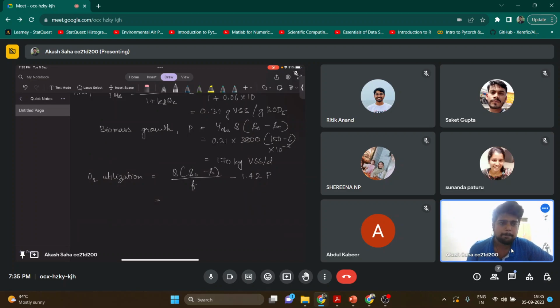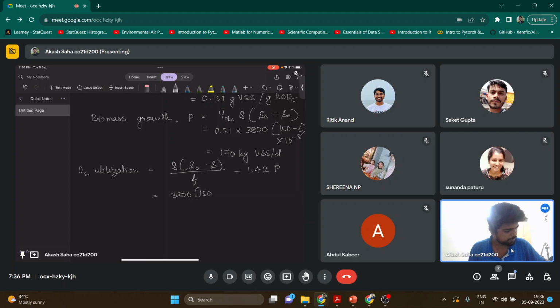Can someone tell me? It is the oxygen requirement per gram of biomass. So that's why we are subtracting it from my oxygen utilization. So the total oxygen utilization will be the total oxygen required for the system minus whatever oxygen is being utilized by the biomass.